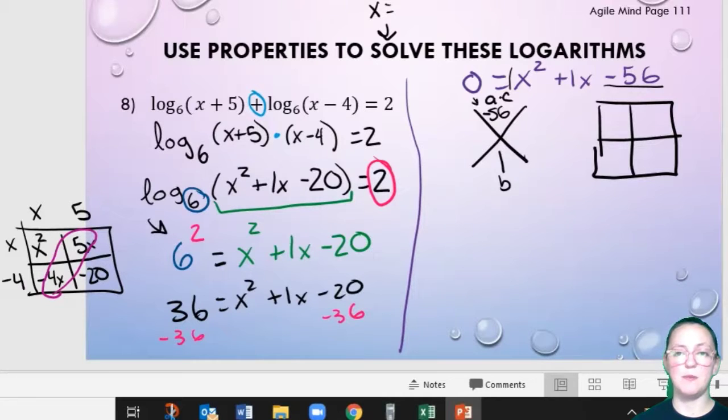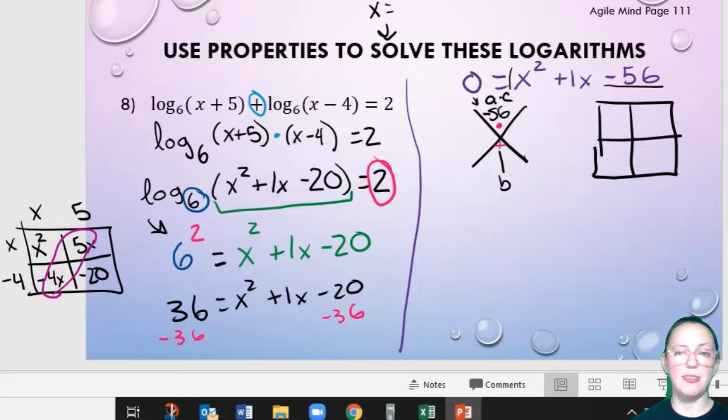Now, since our top number is negative, that means we're going to have one positive, one negative number in our frame, and we're looking at our differences in our factors. So I need numbers that multiply up to be negative 56 and add to be a positive 1, so they need to have a difference of 1.